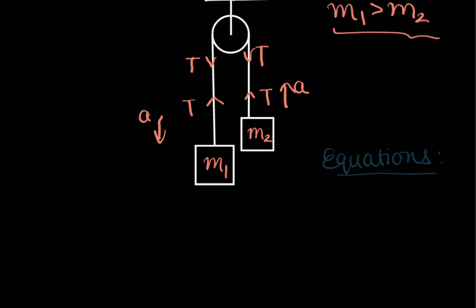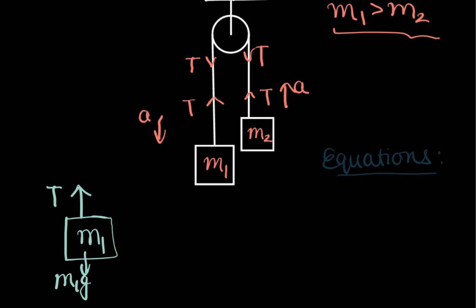First we have to draw the free body diagram. For mass m1, the tension T is upwards, and the weight m1g acts downwards, and there is an acceleration a.